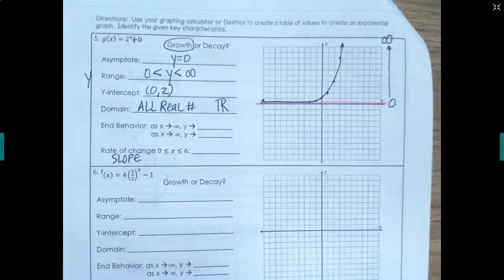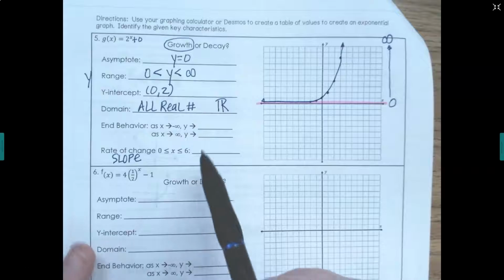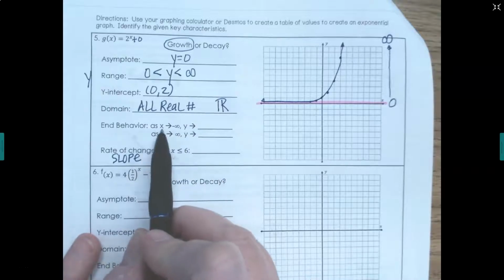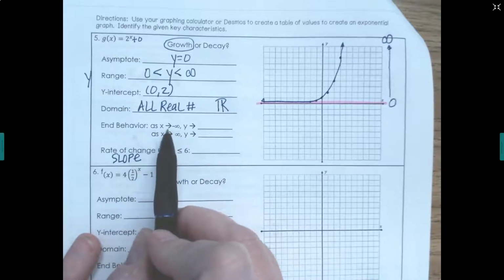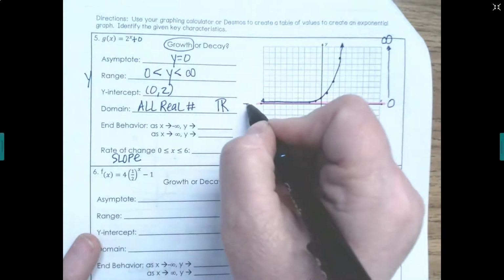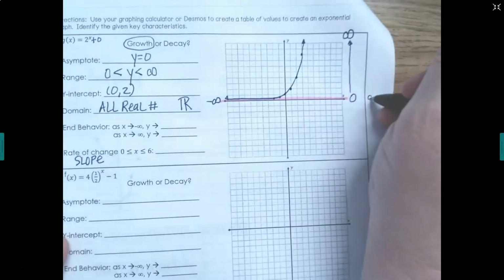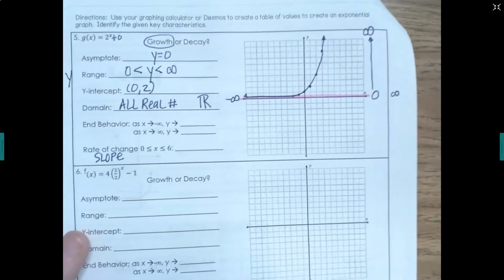Okay. And behavior, this is our new thing. You'll be given a sentence that asks about either the left or the right of the graph. So this says, as x approaches, the arrow means the word approaches, negative infinity. Well, x's are negative infinity on the left-hand side, and x's go into positive infinity on the right-hand side.